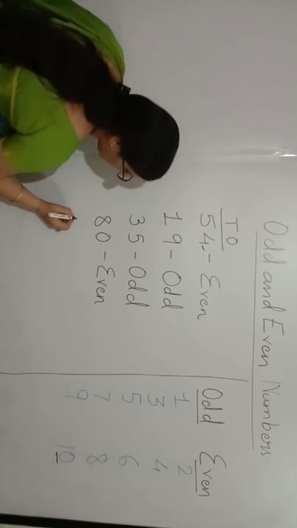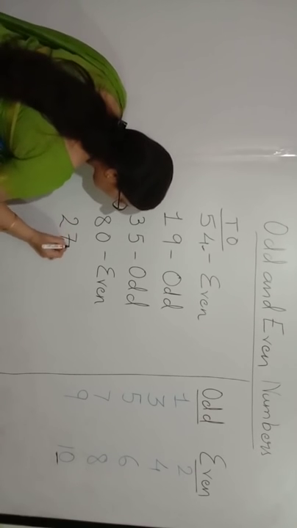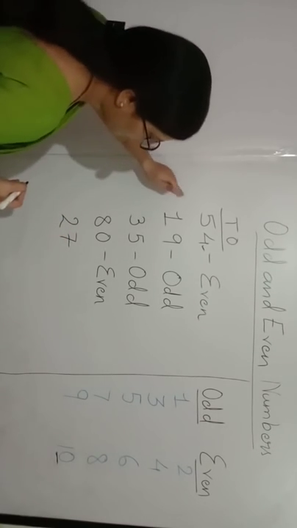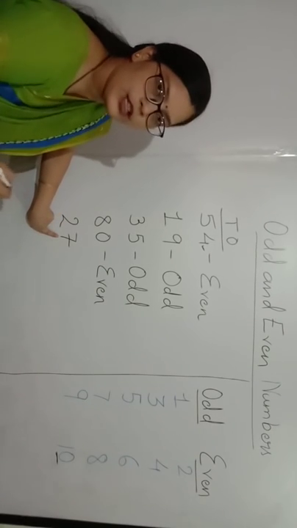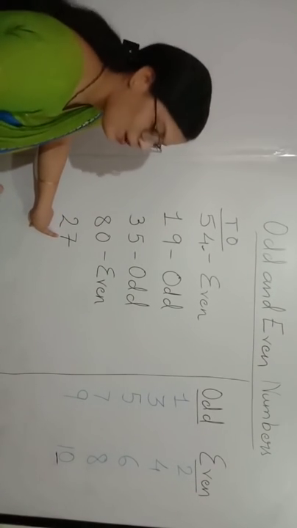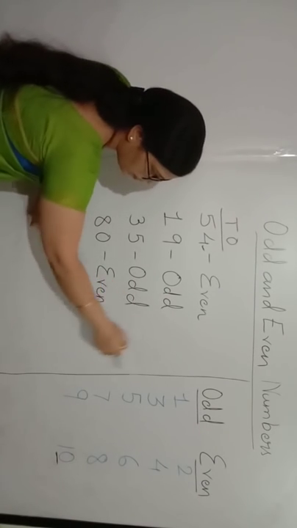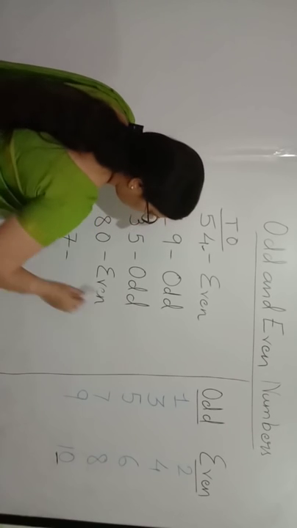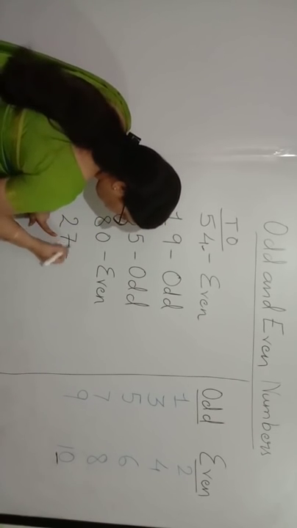Now if the number is 27, here the number ends with 7. What is at ones place? 7. So is 7 odd or even? 7 is odd. We cannot form pairs of 7.